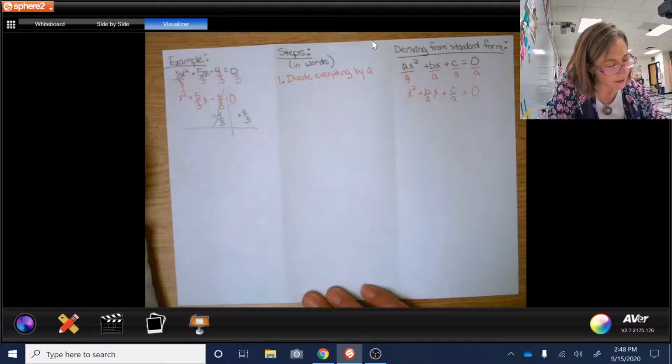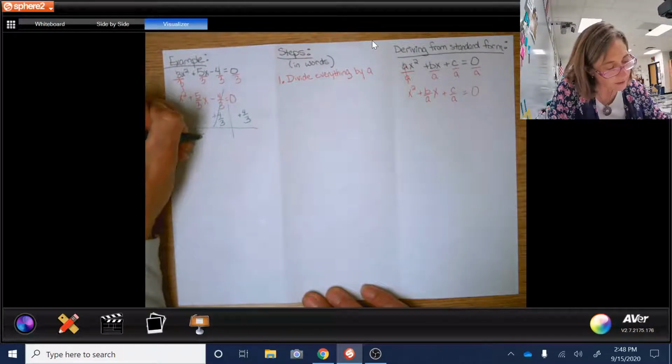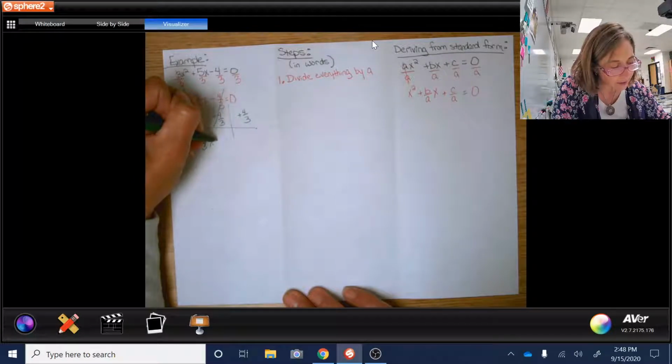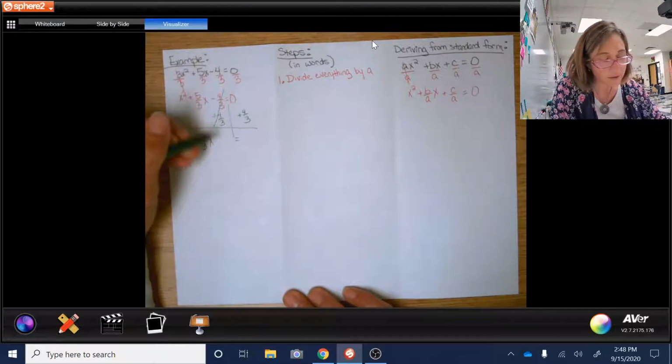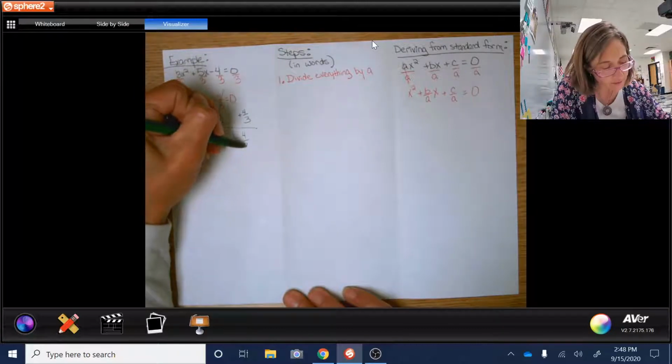So those go away. And I have x squared plus 5/3 x. I'm going to leave a blank here, so I'm not going to fill that in. 0 plus 4/3 is 4/3.